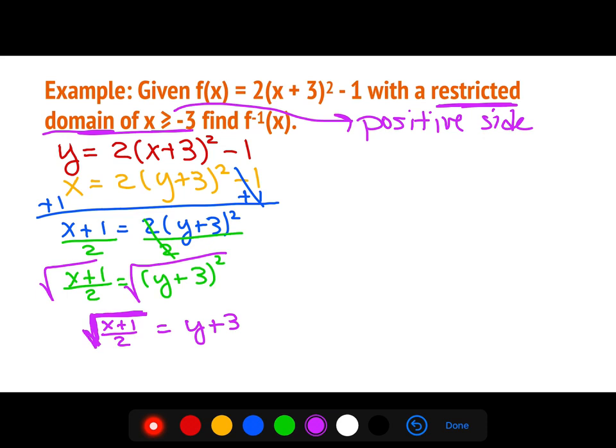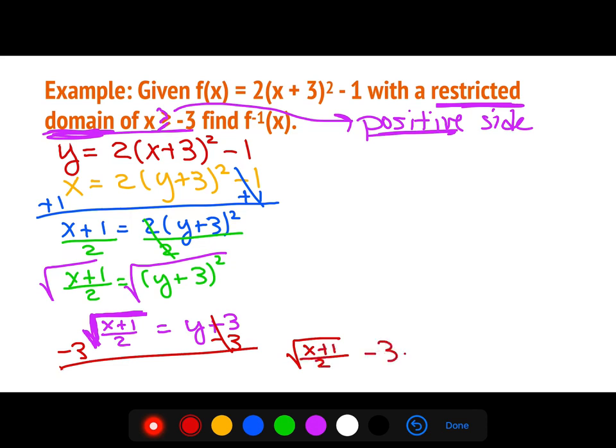So I want to keep the positive square root down here. Normally when you square root, you would put plus and minus, but I'm going to keep the positive because of the domain restriction. He was on greater than or equal to, so he was positive, so I'm going to keep a positive square root. Then I'm going to go through and finish solving for y.